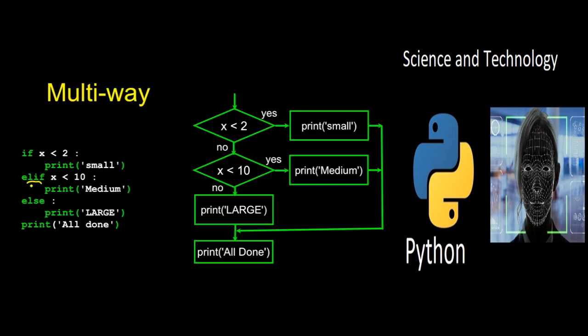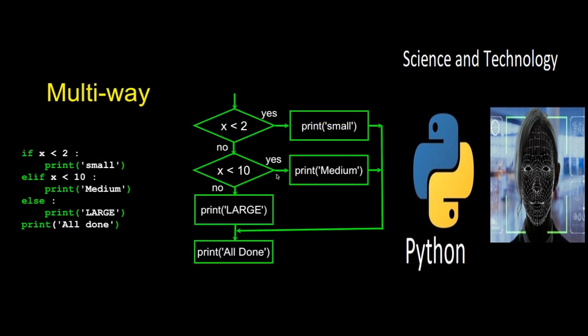The way it works is probably best to look at here. It checks the first one, and if it's true, then it runs that, and then it's done. It doesn't check them all. It checks the first one, and how you order these matters, as we'll see in a bit. If the first one is true, it runs.